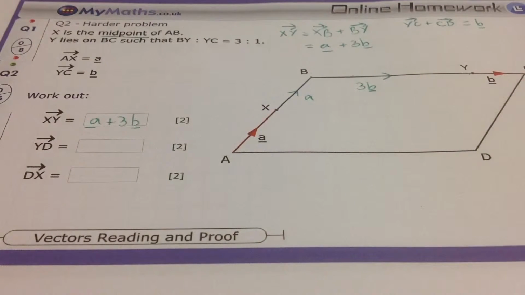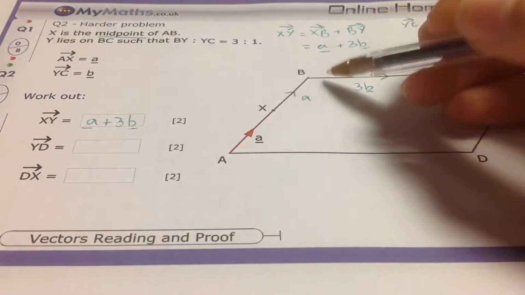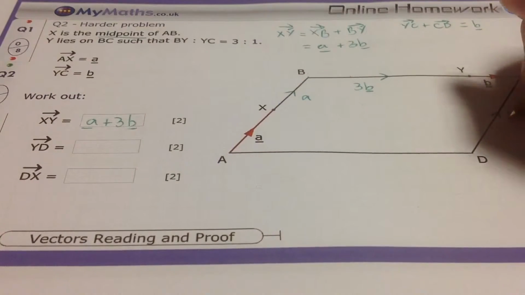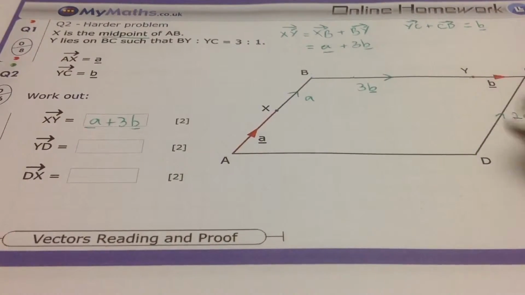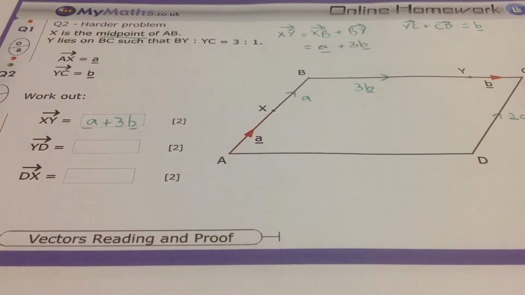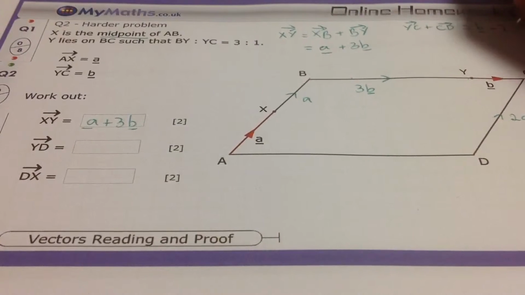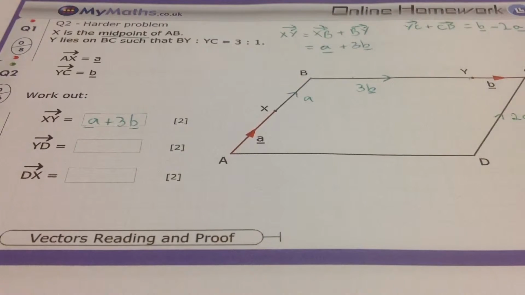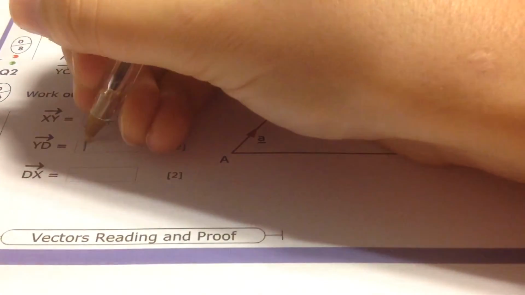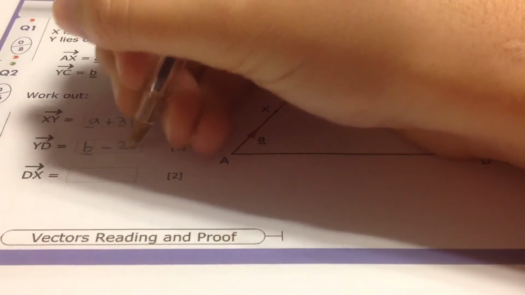From D to C is going to be the same as from A to B, and from A to B is 2a. But we don't want to go from D to C, we want to go from C to D. So instead of plus 2a, it's going to be minus 2a. b minus 2a.